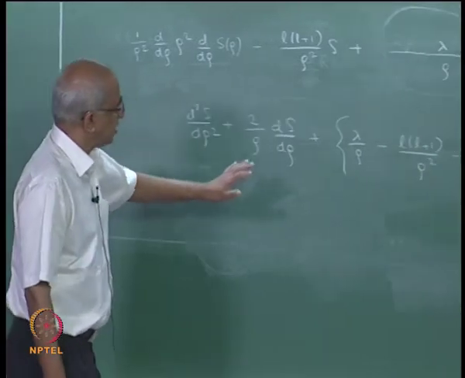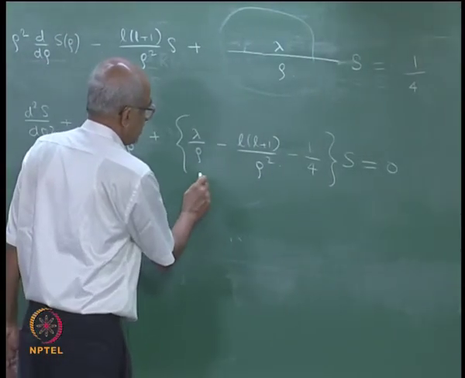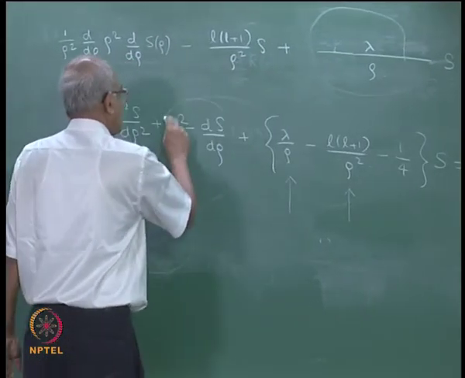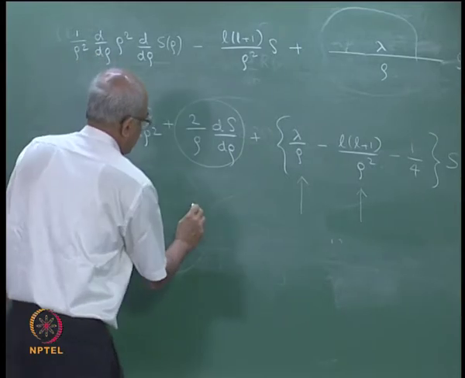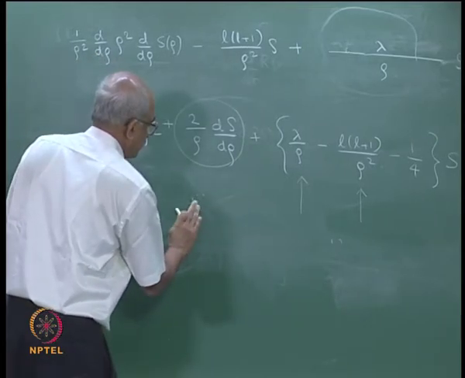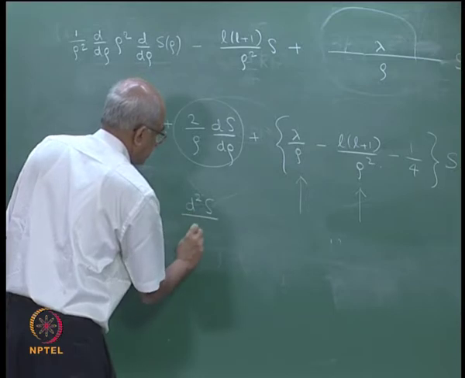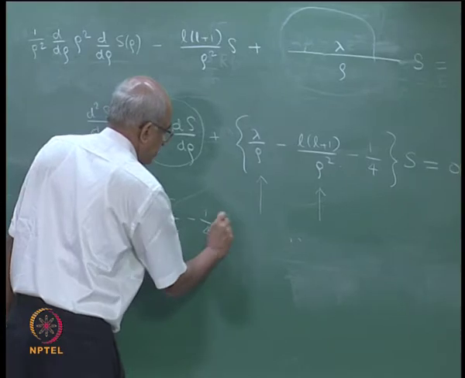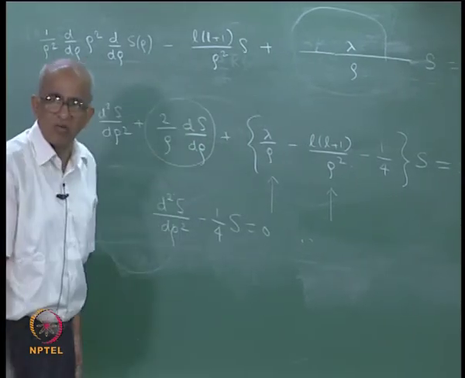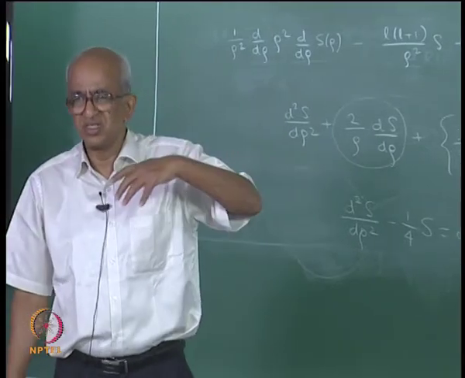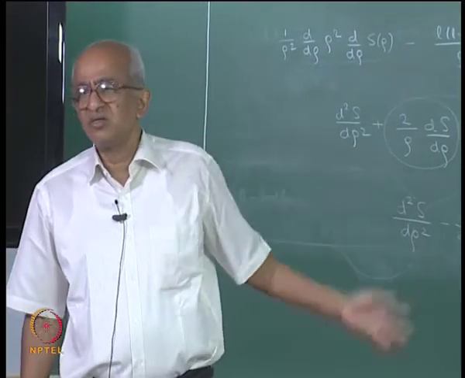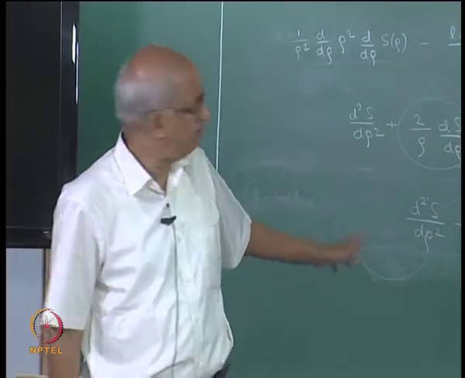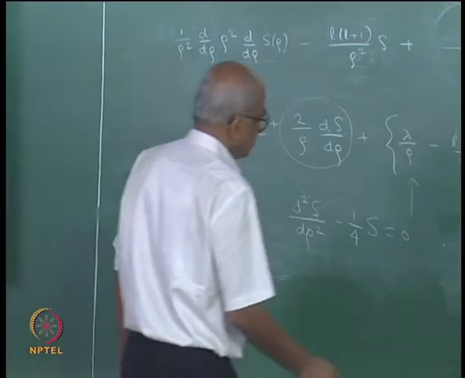If rho is extremely large, you would expect that this term can be neglected, this term also can be neglected, and perhaps this term also can be neglected, and therefore, you would expect that the differential equation may perhaps reduce to d square s by d rho square minus 1 by 4 s is equal to 0, right. This is what I would expect. And so, this is a simple differential equation, d square s by d rho square is equal to 1 by 4 s. What is the solution of that equation?